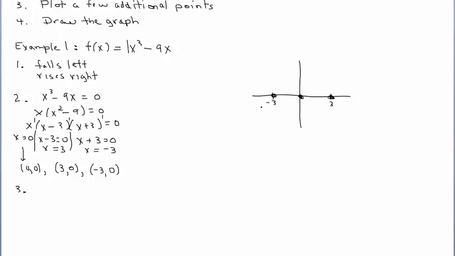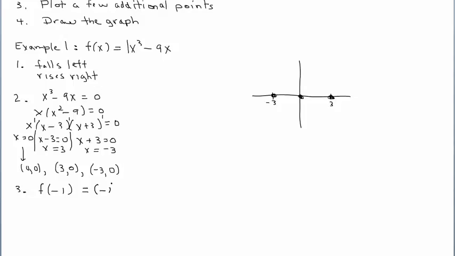But 3 says plot a few additional points. I might want to plot something that falls between 0 and negative 3 just to see about how high this graph might go. So I think negative 1 or even negative 2 would be a good additional point. I'm going to use negative 1, which means I'm going to go back to the original equation, and everywhere I see x, I'm going to replace it with negative 1. So the original equation was x cubed minus 9x.